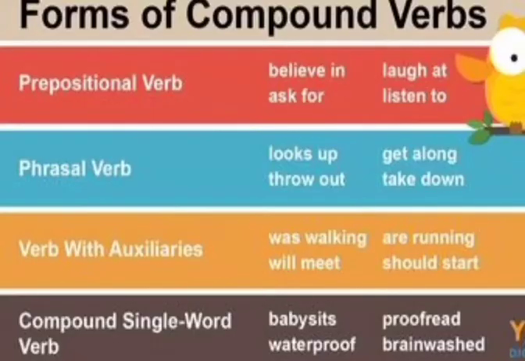Compound verbs are formed in several ways. You can add a preposition in a prepositional verb, make a phrase with a phrasal verb, add a helping verb in a verb with an auxiliary, or combine two words together into a compound single word verb. Each of these results in a different form of compound verb.